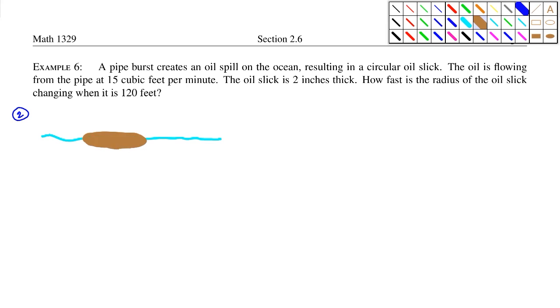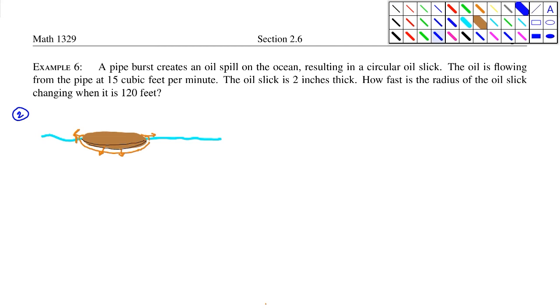And what's interesting is that the oil is always a circle, and it's expanding out from the center, like so. There we go.